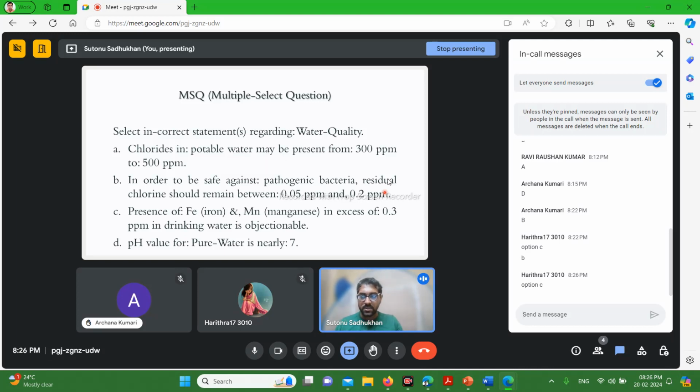Purita is saying option C is incorrect. So there is no concept involved in this question. You just have to remember the data, that's all. Sometimes it is unfortunate that there are certain values that, if you are a water scientist, the job market demands that you remember by heart.